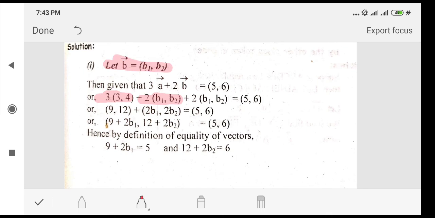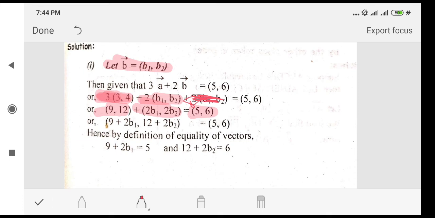And this portion is a mistake over here, so please cut this down. This will be equal to (5, 6). Now if you go ahead, 3 times 3 is 9 and 3 times 4 is 12. You will get (9, 12) plus (2b1, 2b2) equal to (5, 6).